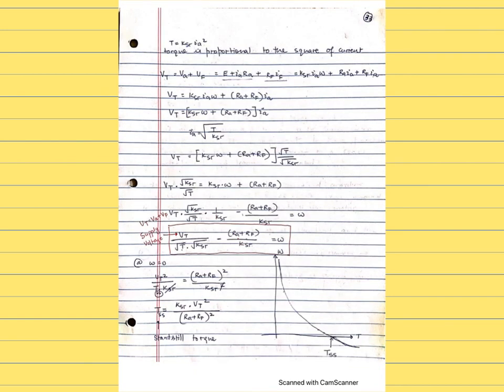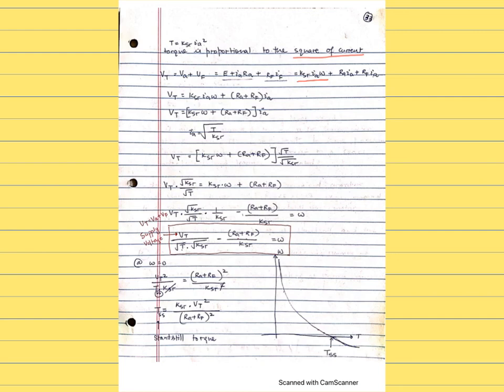So torque is proportional to the square of the current. VT equals VA plus VF, that's for the series motor as well. VA is substituted as E plus IARA, VF is substituted as RFIF. E got its expression from the previous page: KSR IA omega plus RAIA plus RFIA.